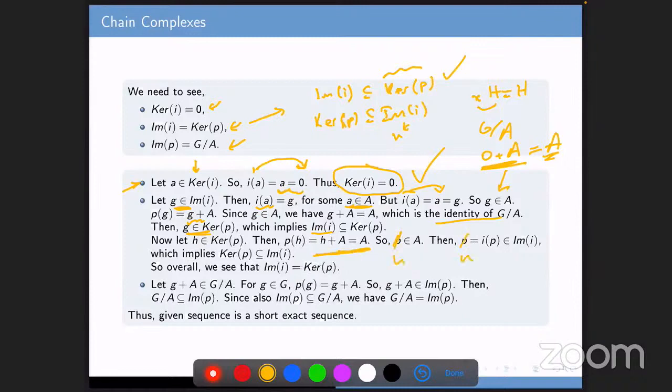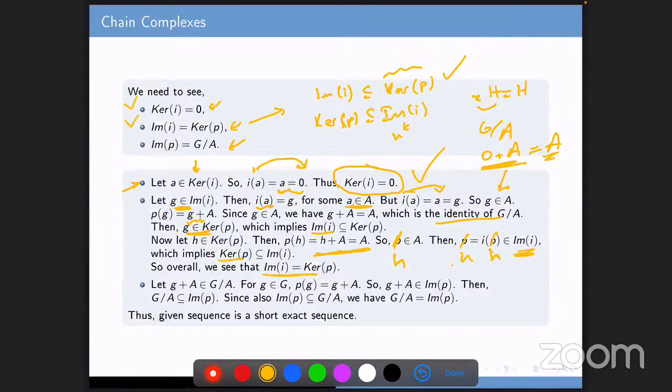So these are H. If H plus A is equal to A, then H should be an element of A. Then H is equal to I of H. Then this is an element of image I. Okay, these are H's. So which will imply kernel P is contained in image I, and overall these two sets are the same. Okay, the second condition is checked too.